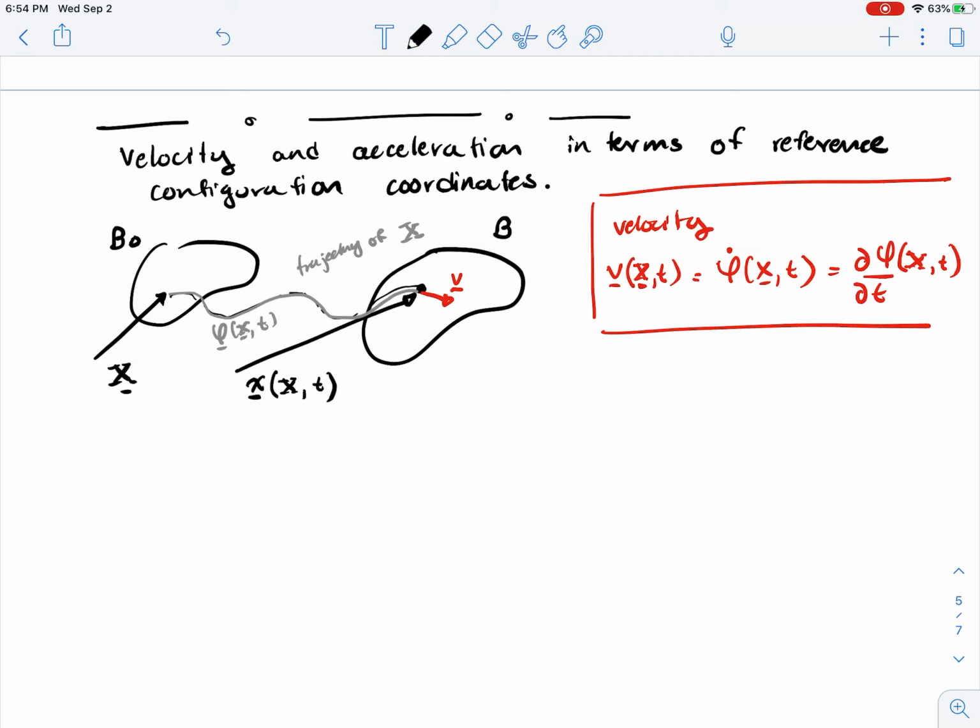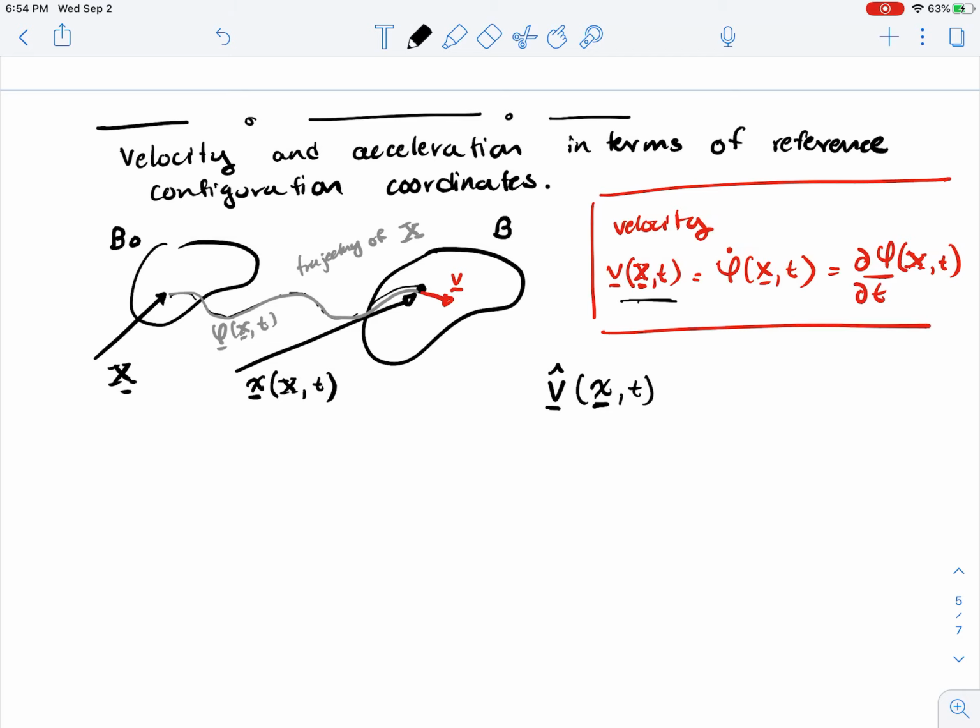But I could always replace this X with the inverse of the map. So after I take the derivative, I'm going to use v with a little hat in terms of little x.